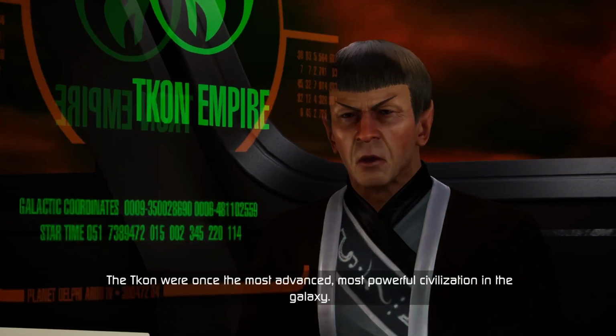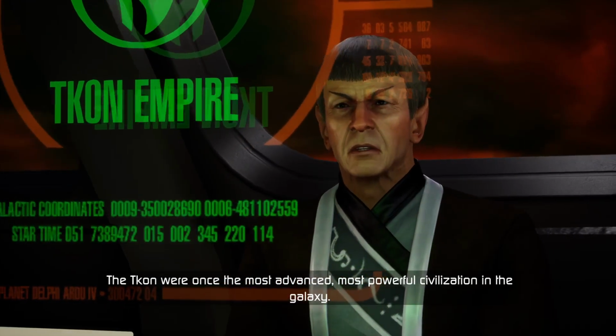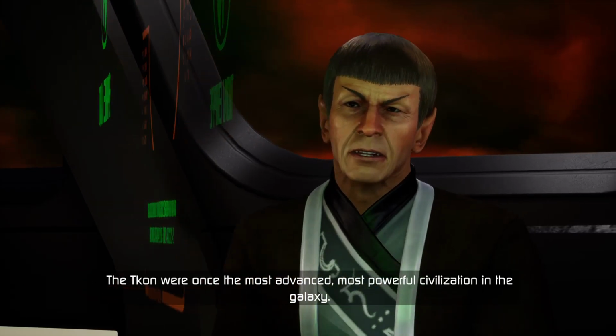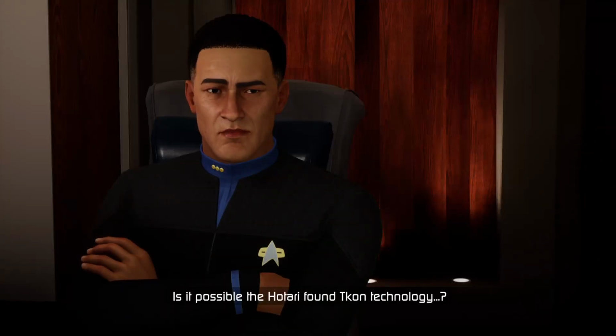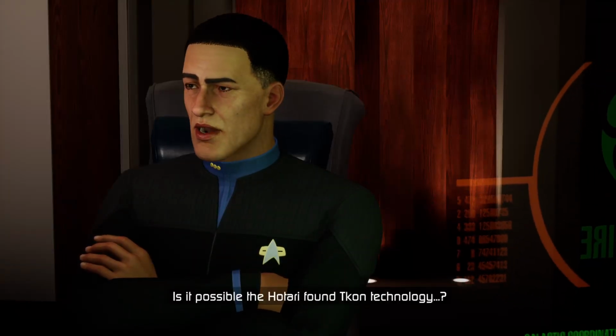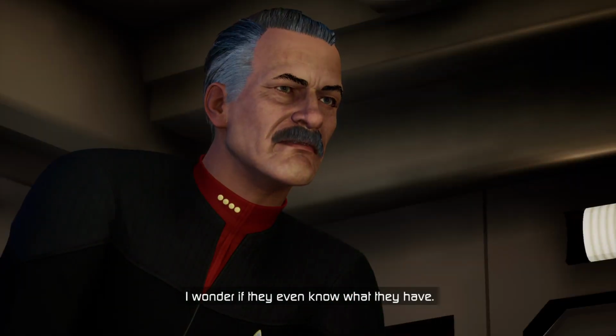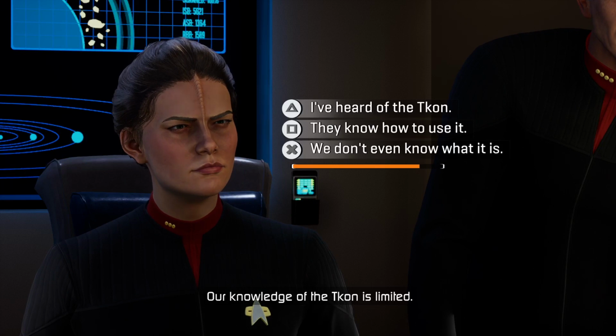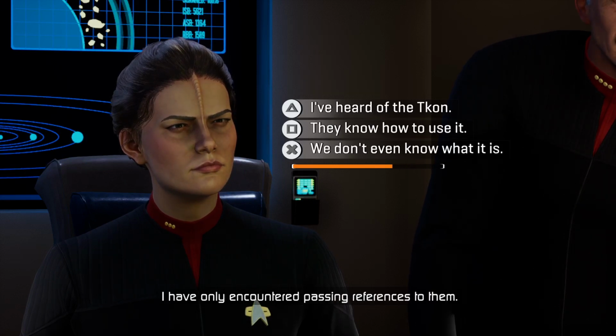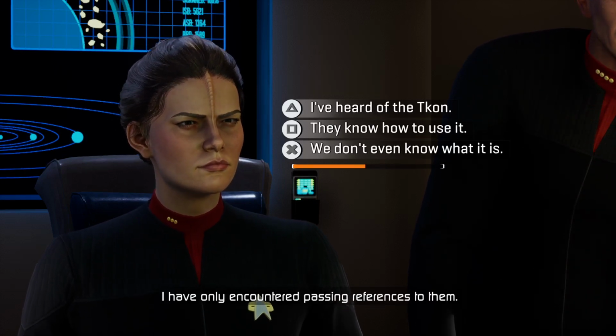Fascinating. The Khan were once the most advanced, most powerful civilization in the galaxy. Is it possible the Hotari found the Khan technology? I wonder if they even know what they have. Our knowledge of the Khan is limited. I have only encountered passing references to them.